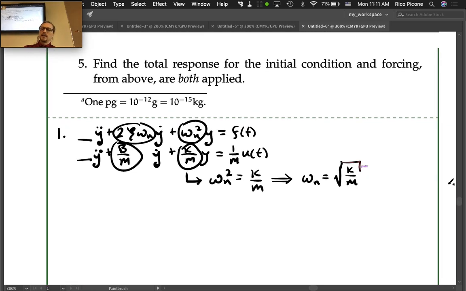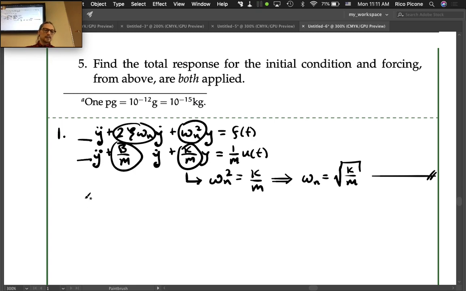So that's our first answer. Omega n is the square root of k over m. Good. And this is a result you're going to get really familiar with when you get into vibrations class. This is the natural frequency of any second order mechanical system in a common configuration, at least.